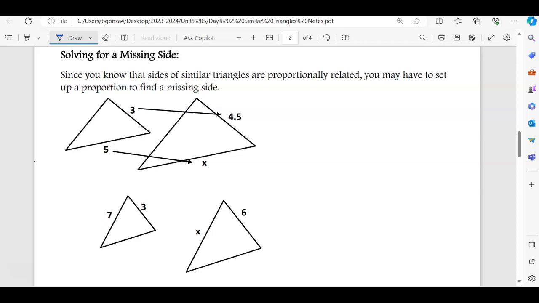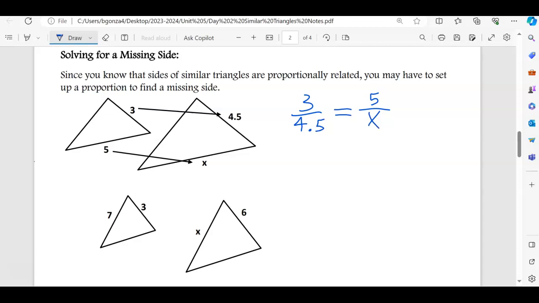We're going to do it down here in a second, but check it out. Anytime you draw a line that connects two corresponding sides, that's going to be a fraction. So 3, 4.5, that's a fraction. 5 to x, that's a fraction. Let's write that down. Okay, so 3 goes to 4.5, that's going to be 3 over 4.5, equals, and then in the same left to right order, 5 going to x is going to be a fraction. 5 over x.